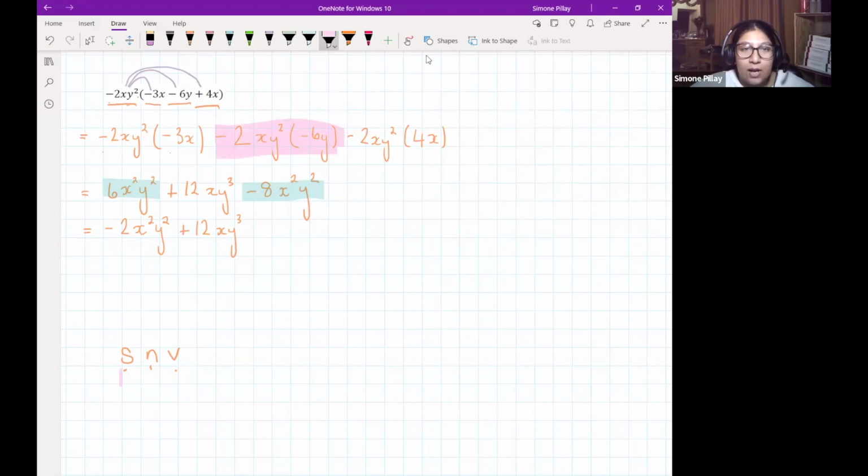And then xy squared times y. My x is going to stay the same, but my y, I can add my exponents because it's the same base. And so 1 plus 2 gave me 3. I don't know why this is not erasing, but that's fine. And I have a 3 over there. And that is how I got that answer.